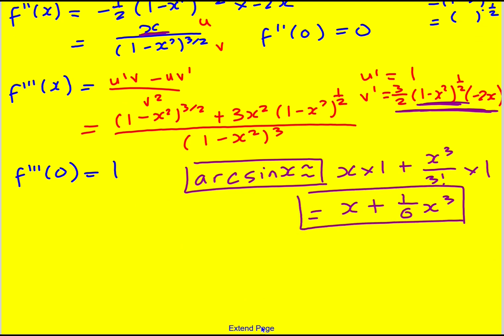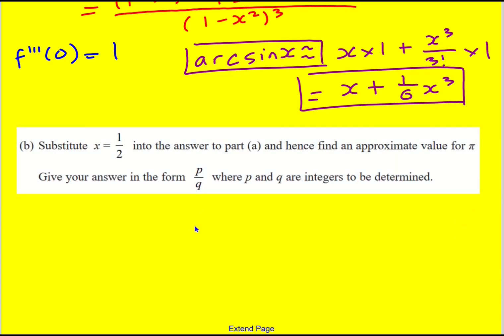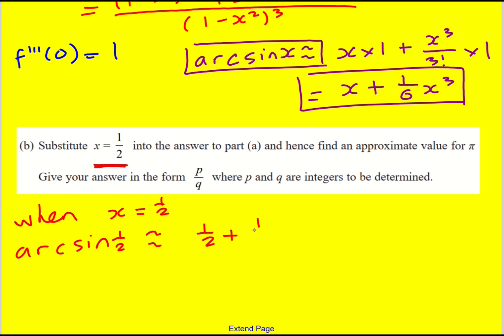Okay. It's always a good day when you're finding a new method to estimate pi, and we can use our Maclaurin expansion here to do such a thing. So subbing in x equals a half, we're going to get the arc sine of a half is approximately equal to a half plus 1 over 6 times a half cubed.